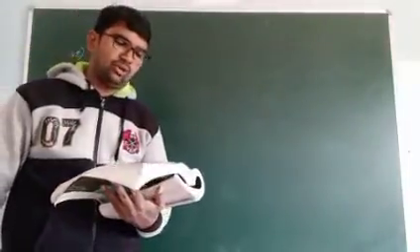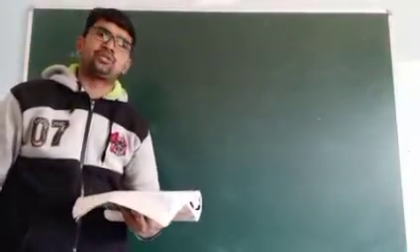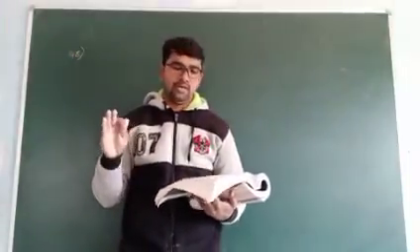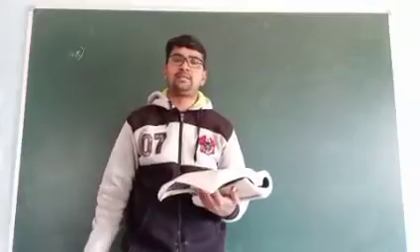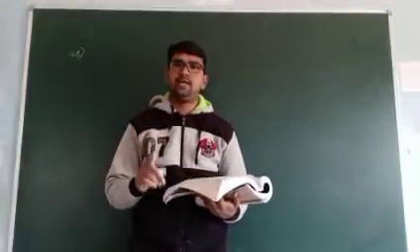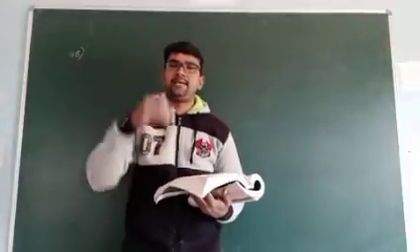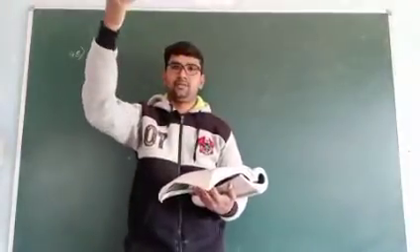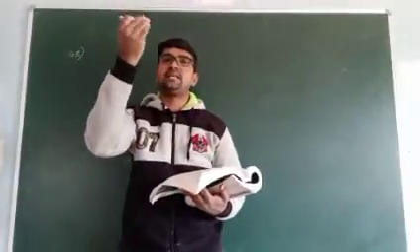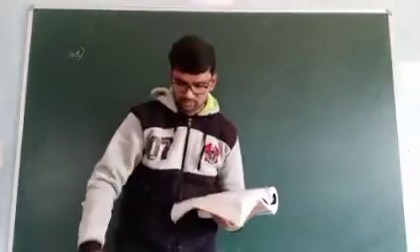Question 48. It is easier to liquefy oxygen than hydrogen. Why? Remember, based on the critical temperature and the inversion temperature, the gases which have a higher critical temperature and higher inversion temperature are easily liquefiable.